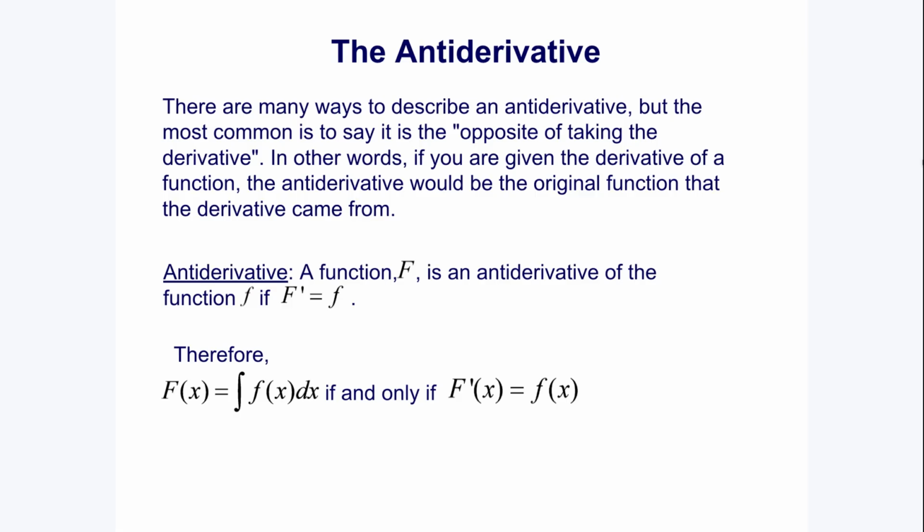So let's use variables. If I use capital F to represent a function, then little f would be its derivative. If I were given little f as a function, so little f of x, I can integrate that function with respect to x and get the original function.